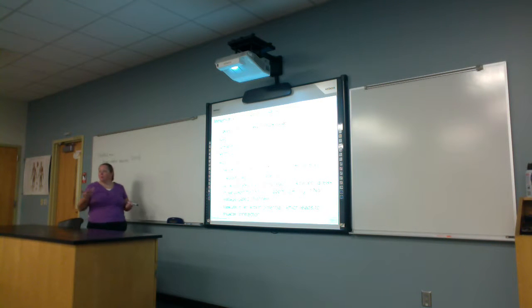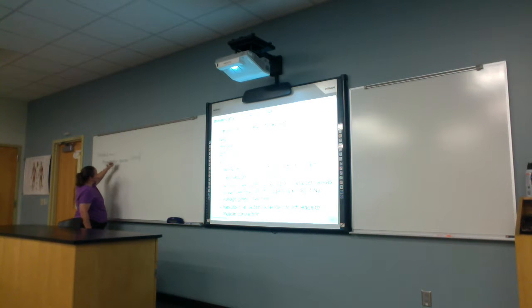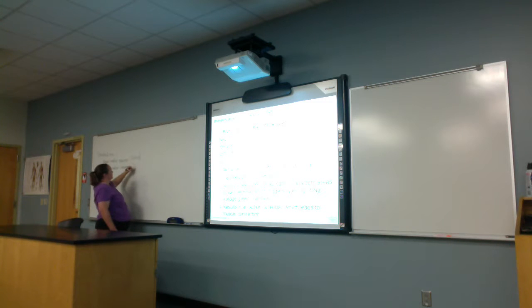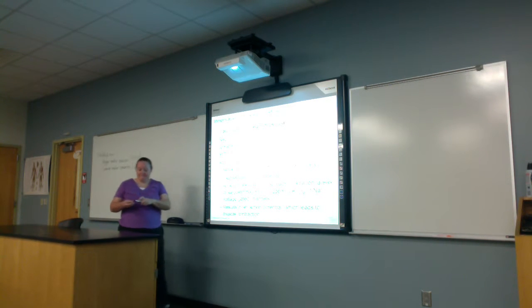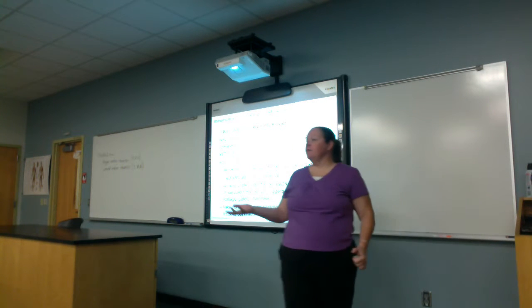So if we have an upper motor neuron, what would be the logical second step of the sequence? Lower motor neuron. And the lower motor neuron is going to have its soma where?